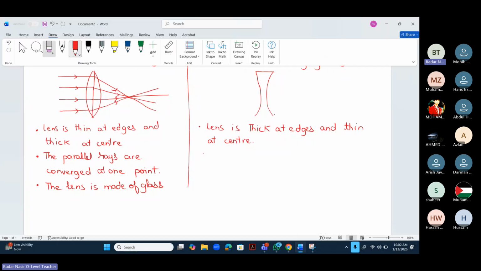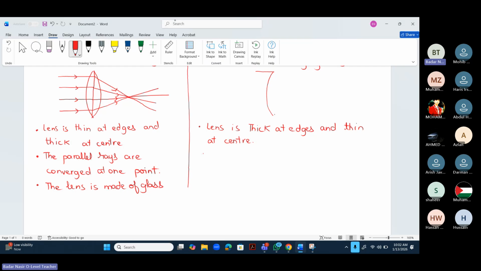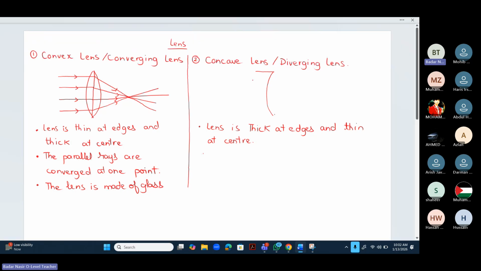Okay, here, this one is fine now. So this is the center of the lens. This arrowhead is for the diverging lens. So we have parallel rays of light.